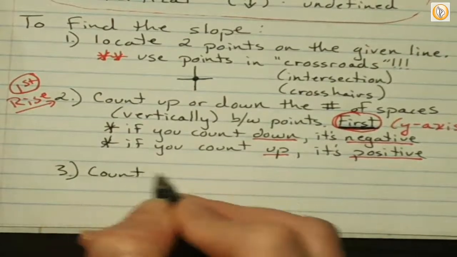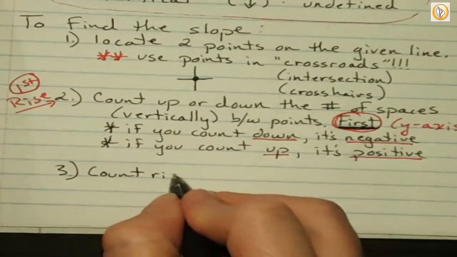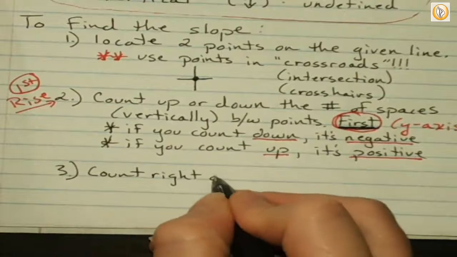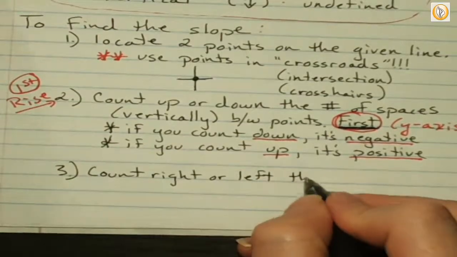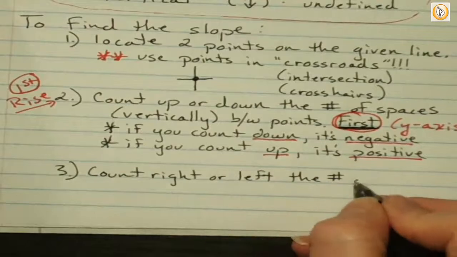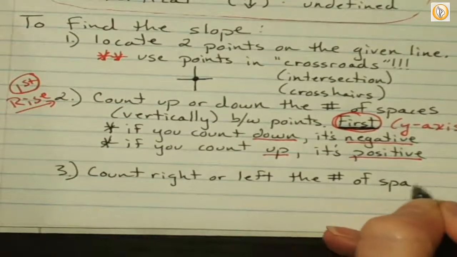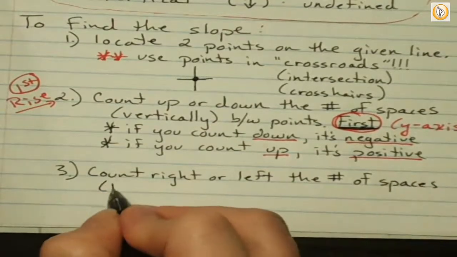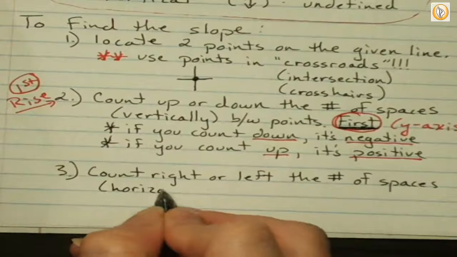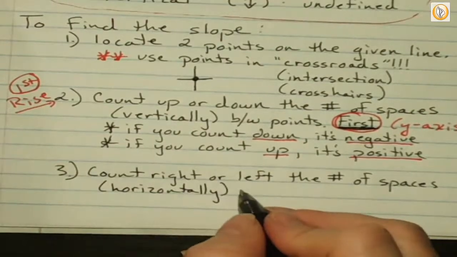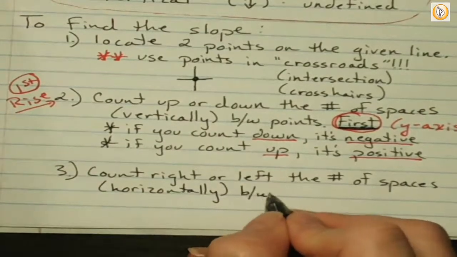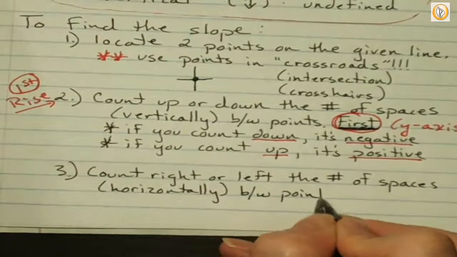Count right or left the number of spaces horizontally between points.